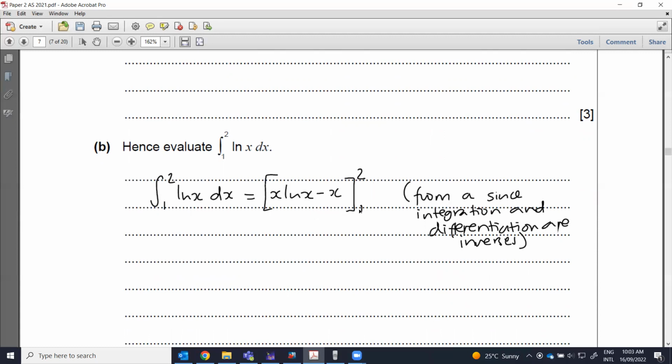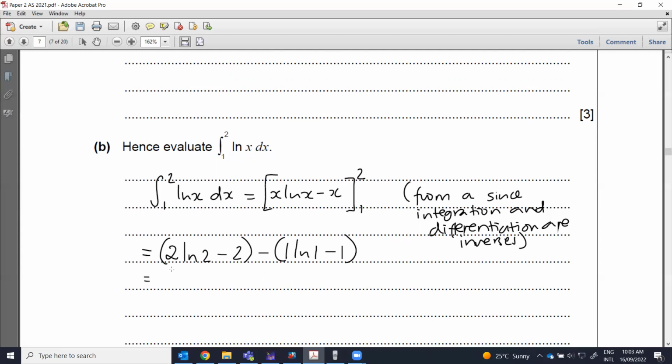So now we just substitute. Wherever I have x, I'm going to put 2 first. So it's 2 times ln of 2 minus 2, then minus 1 times ln of 1 minus 1.